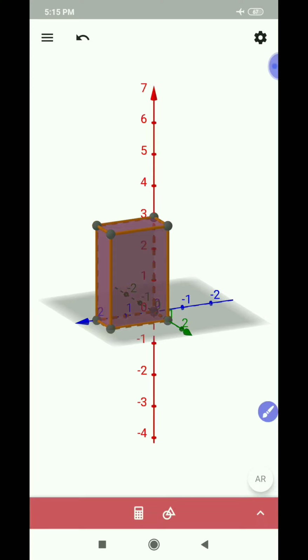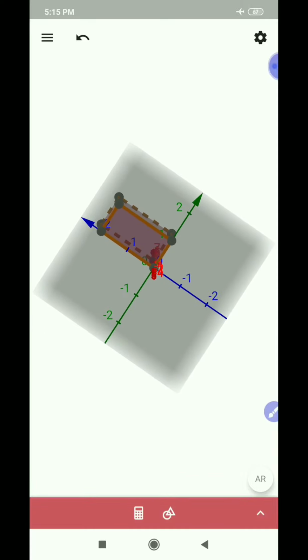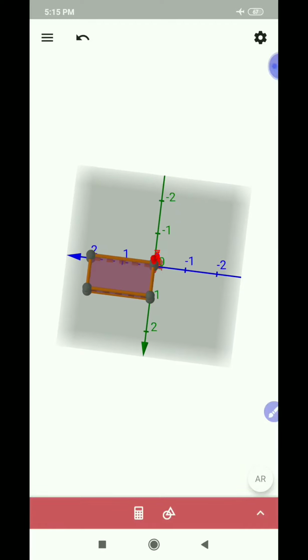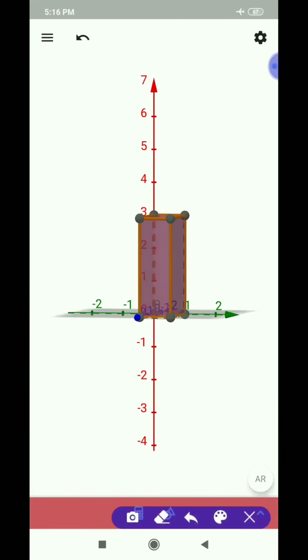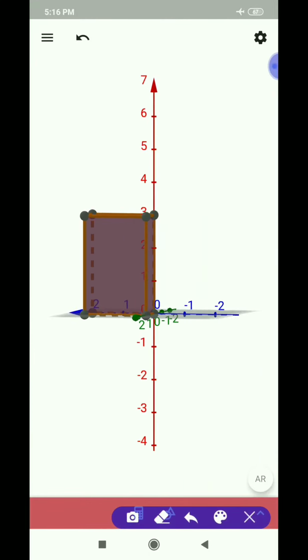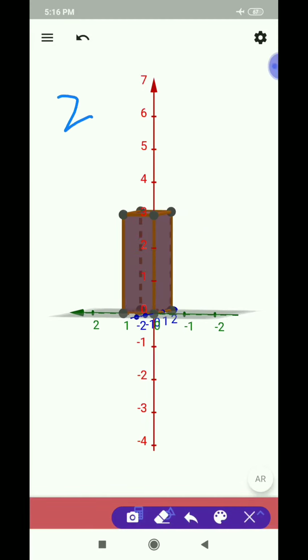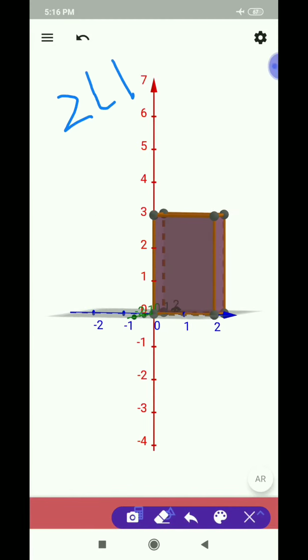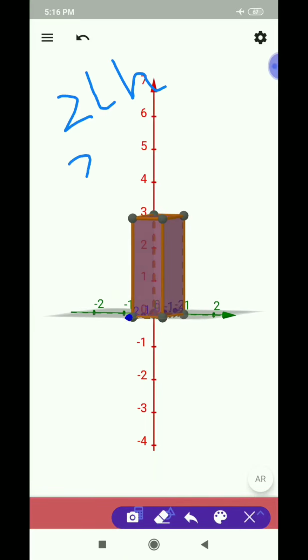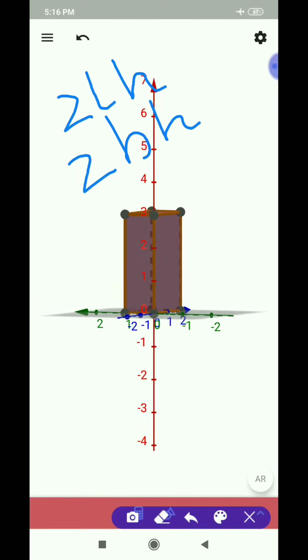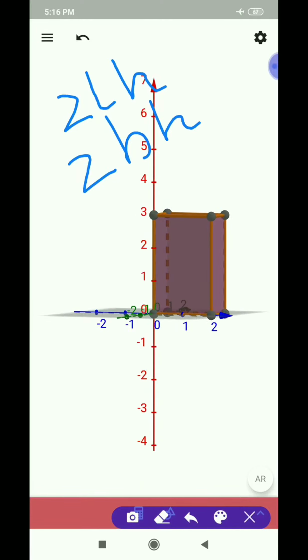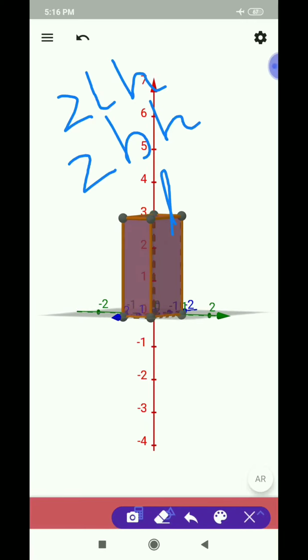Now come to total surface area. Total means we have to add the base area and top area to the lateral surface area. The lateral surface area, we already told you, is 2L into H plus 2B into H, and the bottom is LB, the top is also LB.